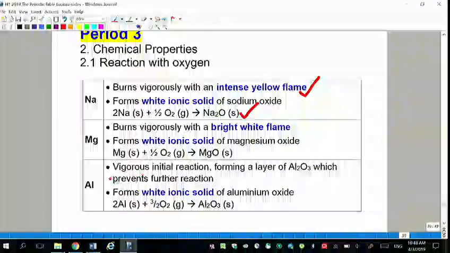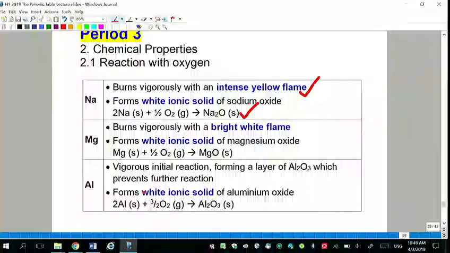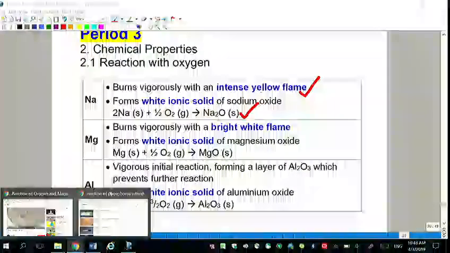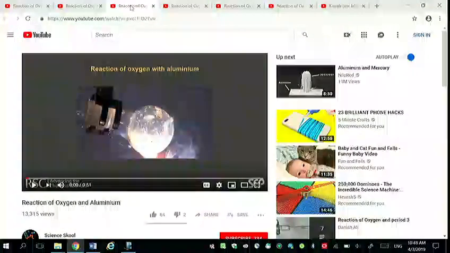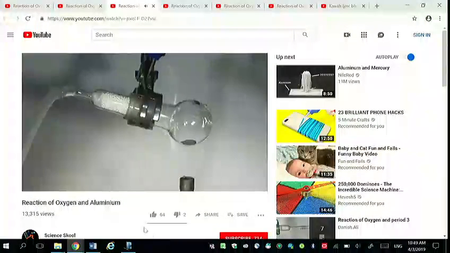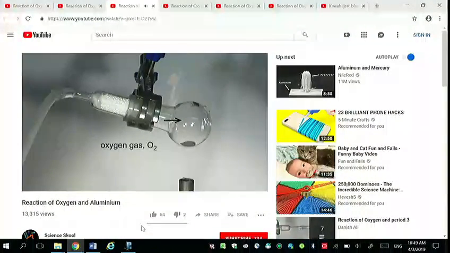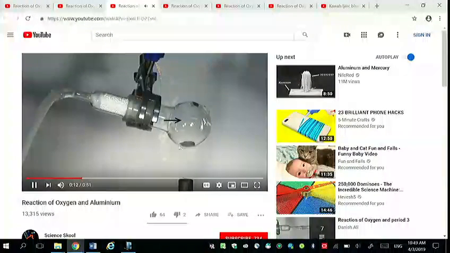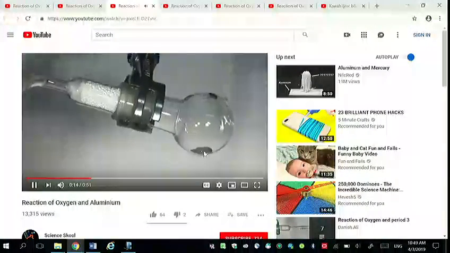Then the next one is aluminium. At the start you'll have a reaction, but after that the reaction will tend to slow down because it forms aluminium oxide, which you learned in O levels is quite unreactive. Let me show you. Oxygen gas is inside. This is your aluminium, metals are usually gray in color.